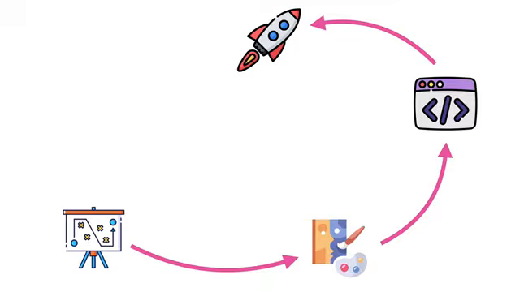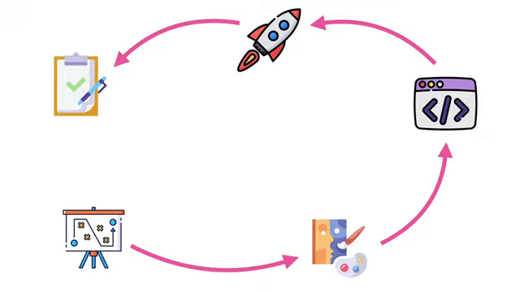Once we launch our product, it doesn't end there. The next step is the post-launch. This is usually where we hand off the product to a client, but we also monitor how the launch goes. How do the users use the product? Are there any issues?